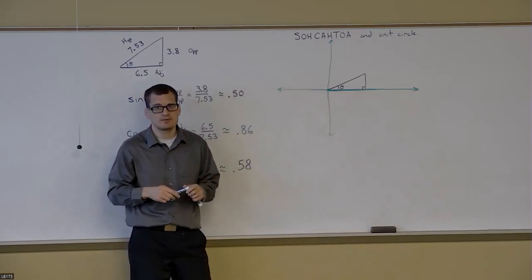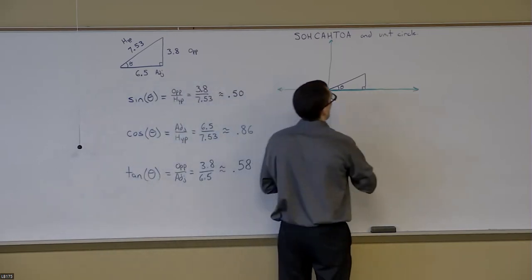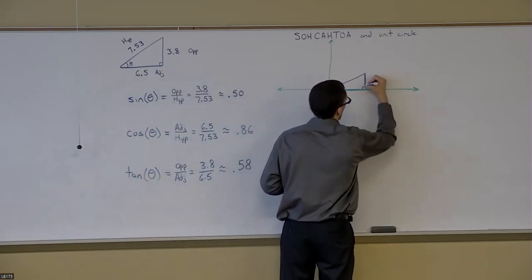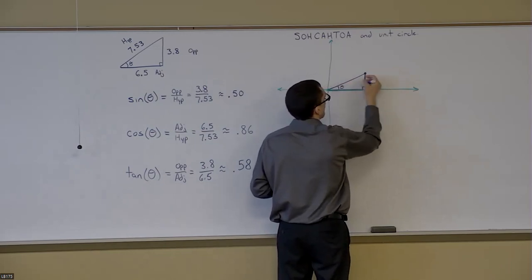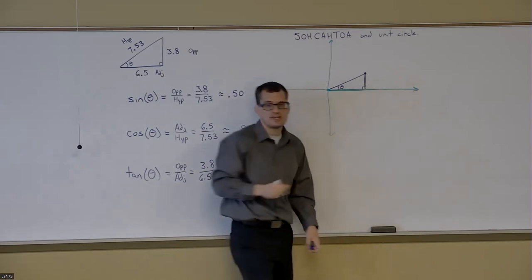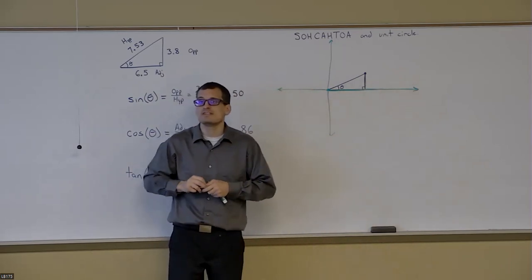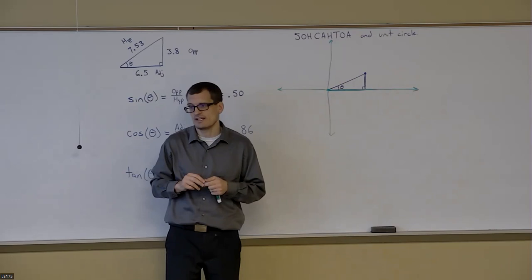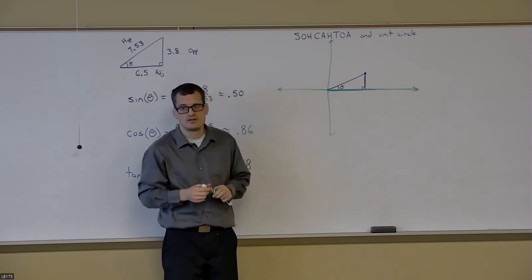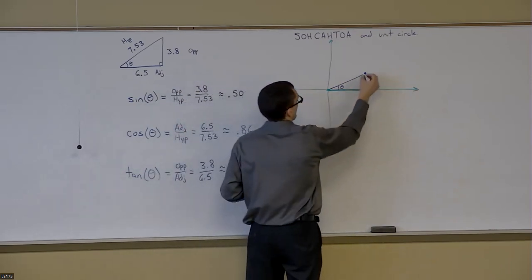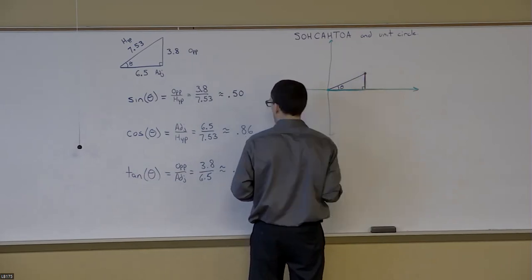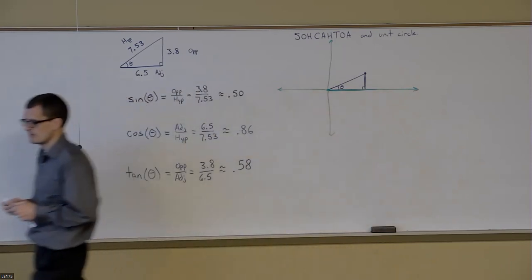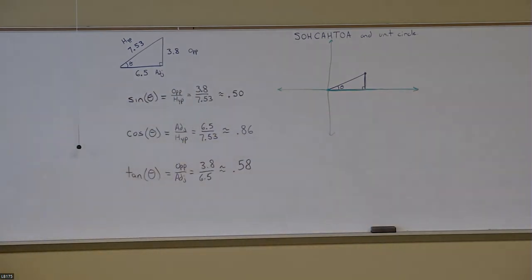Now, here's what I do. I then look at the hypotenuse. Whatever the length of the hypotenuse is, I draw a circle of that radius. So I'm going to draw a circle with radius being the hypotenuse. If I was smart, I would have made a measuring stick.